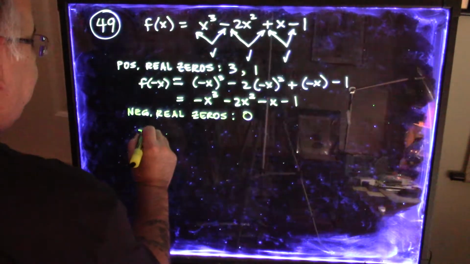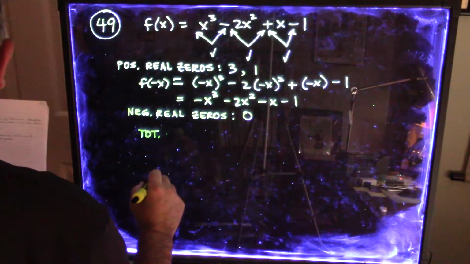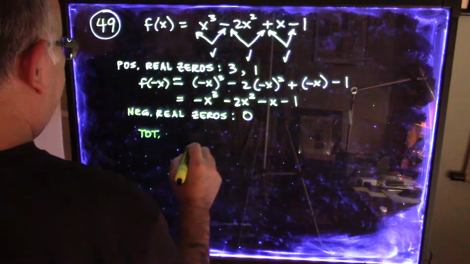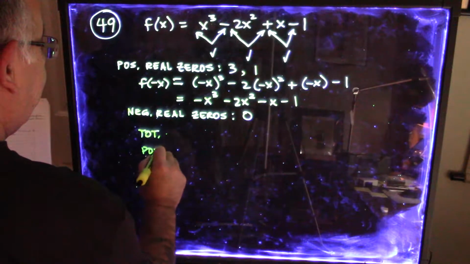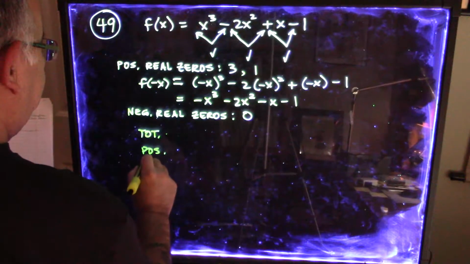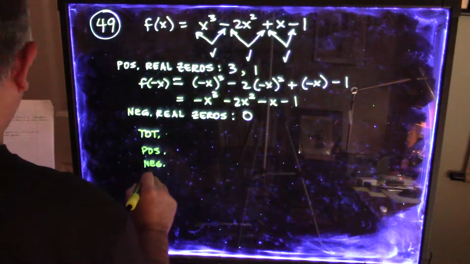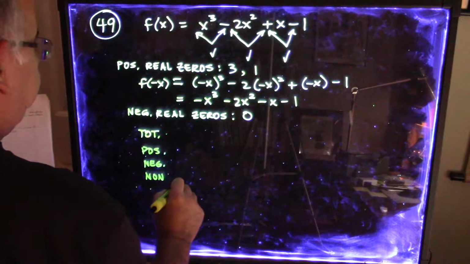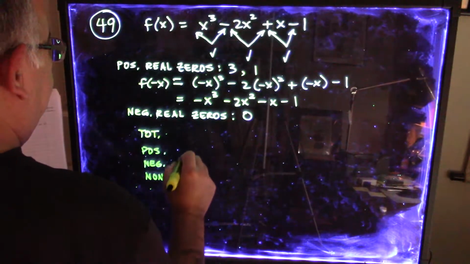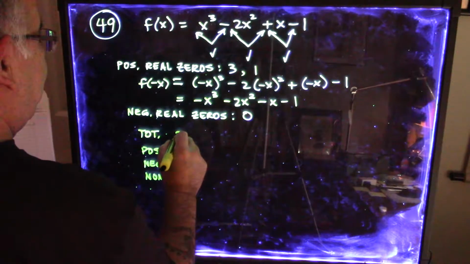So, total number of zeros, we can make a table again. I'll just put TOT for total. And positive reals, or just positive. Negative reals, or negative. And I'll put non for non-reals. Alright, so it's a degree 3, so there are 3 total roots.